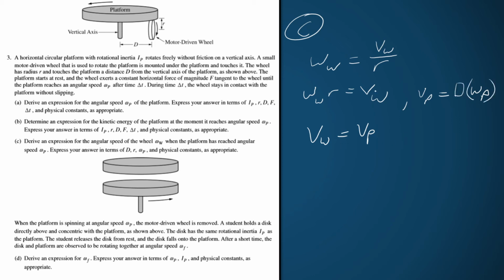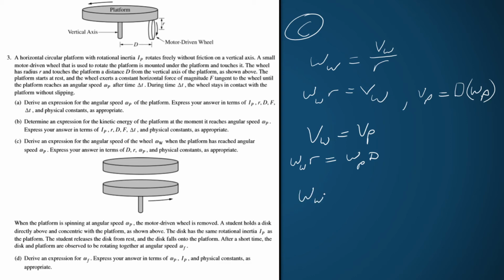Okay. Oh, and then VW is omega. Is it omega W? Yeah, omega W and R equals omega P D. Okay. So we already know omega P. We do. I think we can just go from here actually.